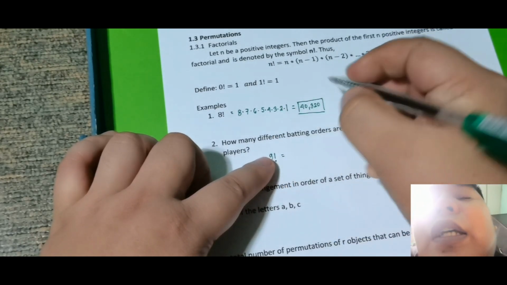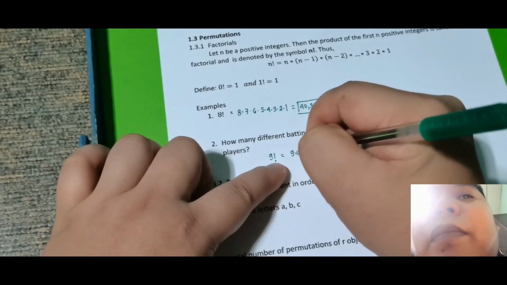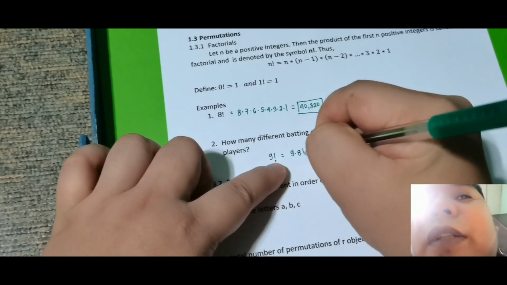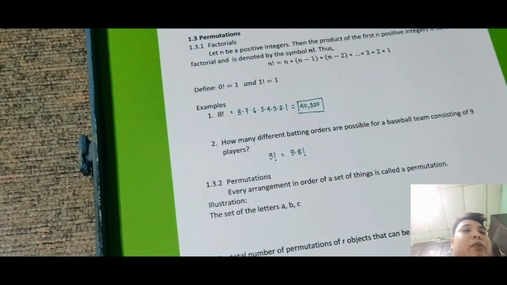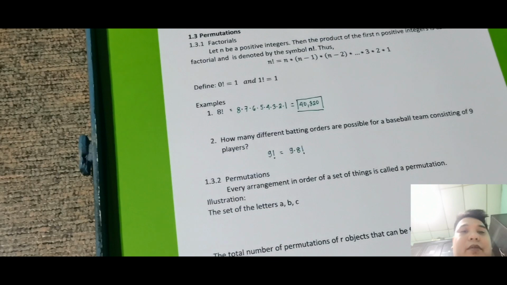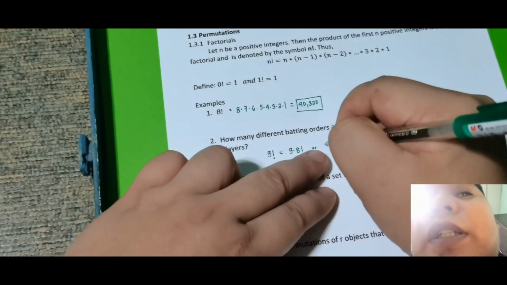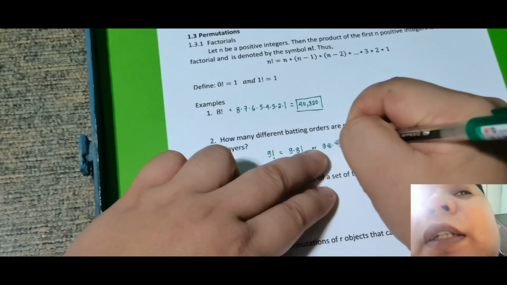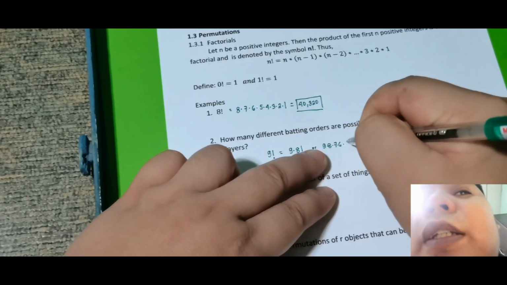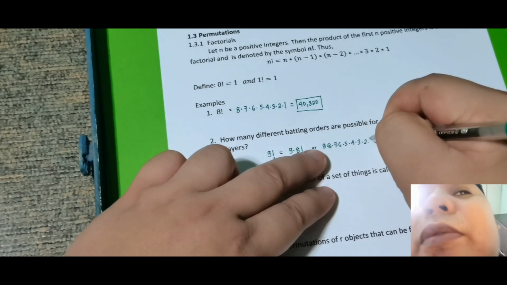Okay, and 9 factorial is just equal sa, kung na-observe nyo, 9 times 8 factorial. Sir, ba't ginawa mong ganyan? Meron na kasi tayo sagot sa 8 factorial. So kung may natatandaan ka sagot, okay lang naman. Or ganito, this is 9 times 8 times 7 times 6 times 5 times 4 times 3 times 2 times 1.